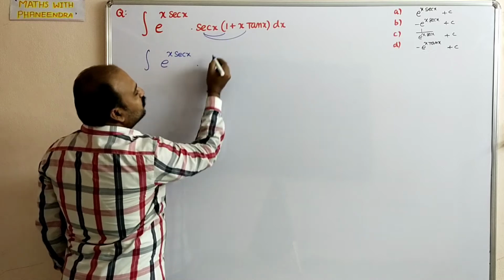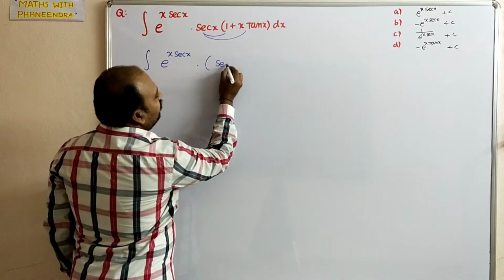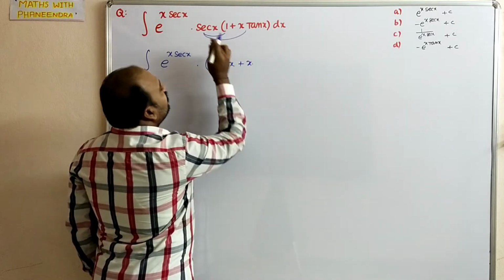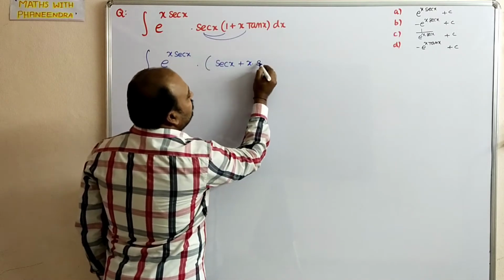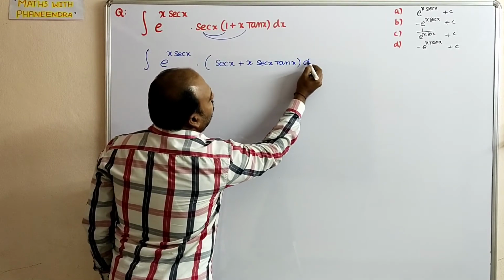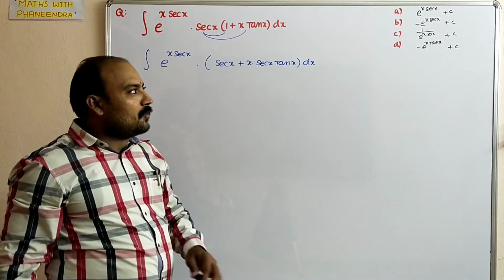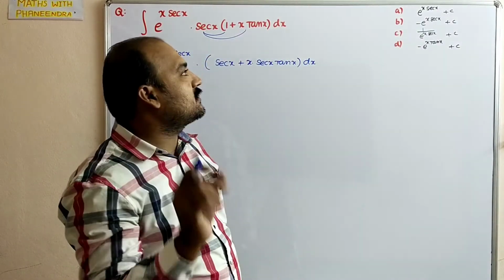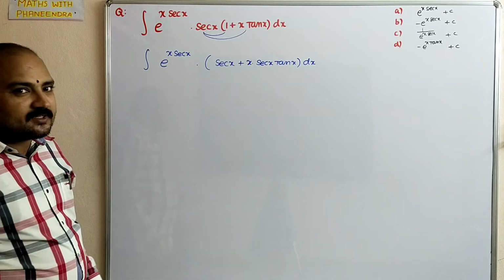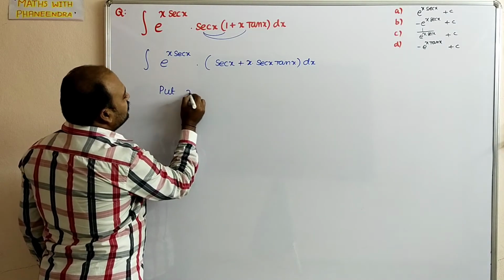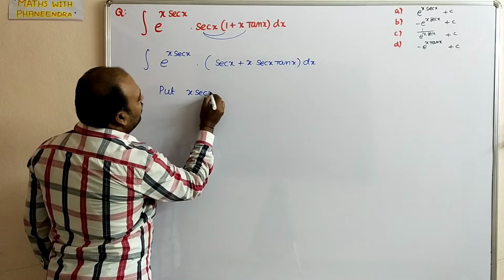So secant x into 1 is secant x, plus x times secant x times tan x, into dx. By observing the options, in all the options e^x secant x is there. So for x secant x, you have to assume that x times secant x is equal to t.